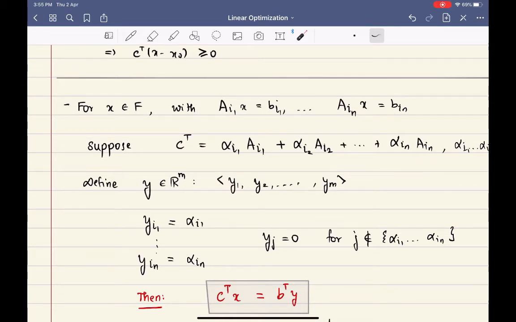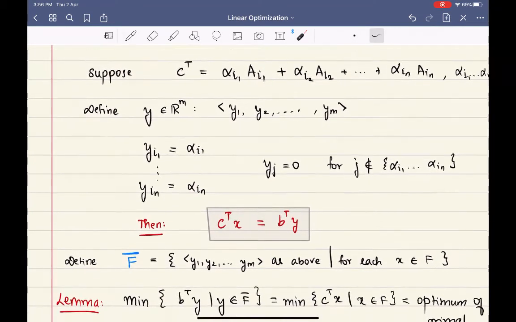So if you just plug in x here and use the fact that this is equality, you will get this equation here. So for every point in this set F, instead of looking at C transpose X, you might as well look at B transpose Y, where Y is the combination that gives C transpose. So you see that we are somehow coming close to the dual.